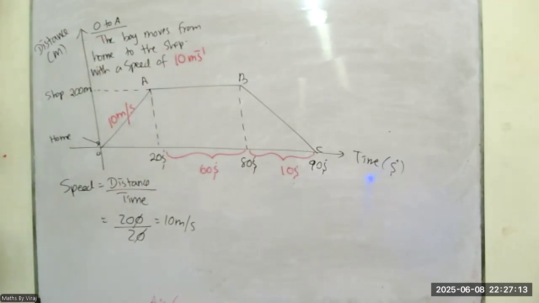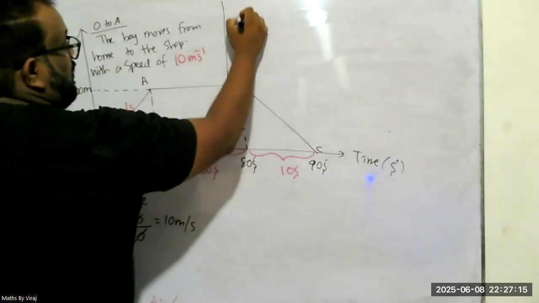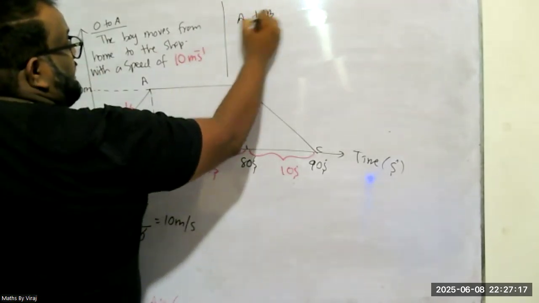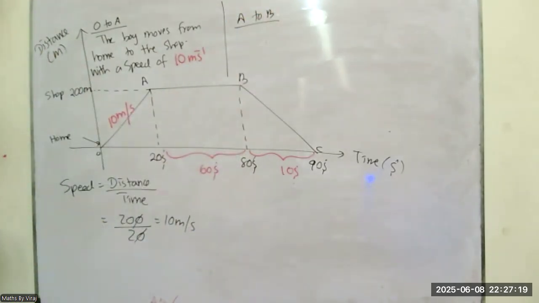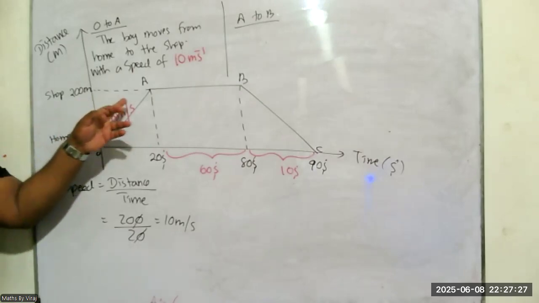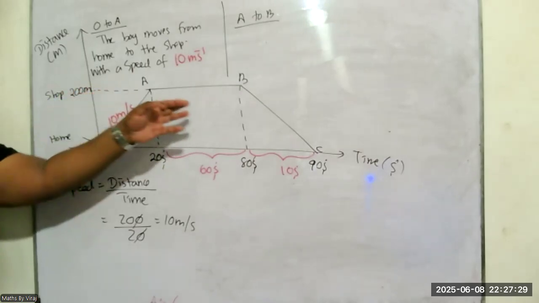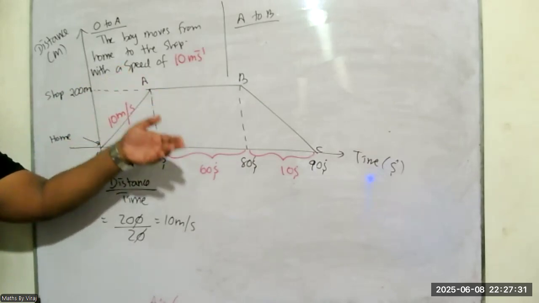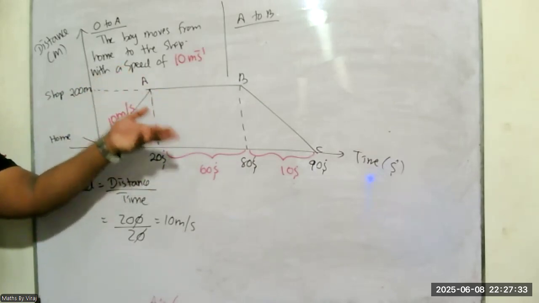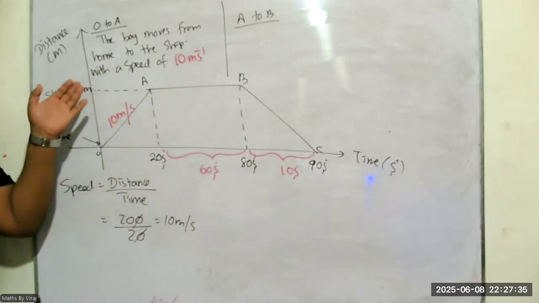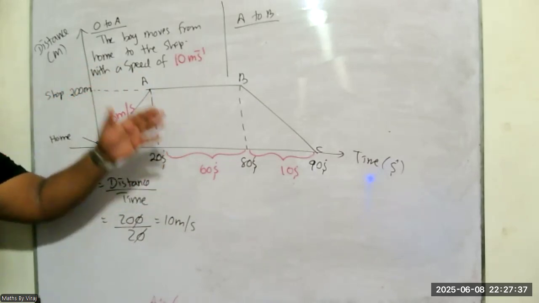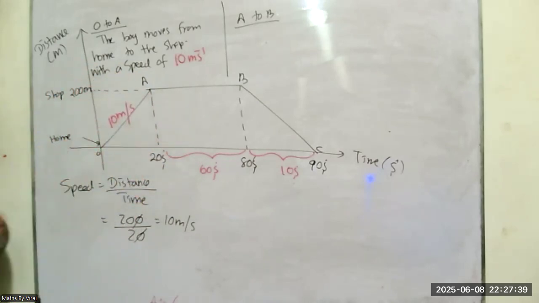What is happening from A to B? A to B, what do you think happens? He's in the shop. He is in the shop. You see that there is no change in the distance. The distance remains the same because the child is not moving.